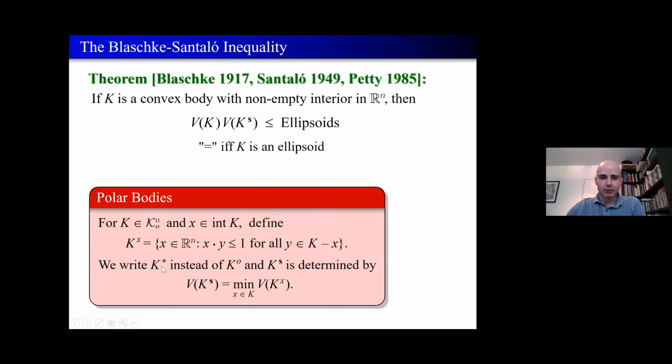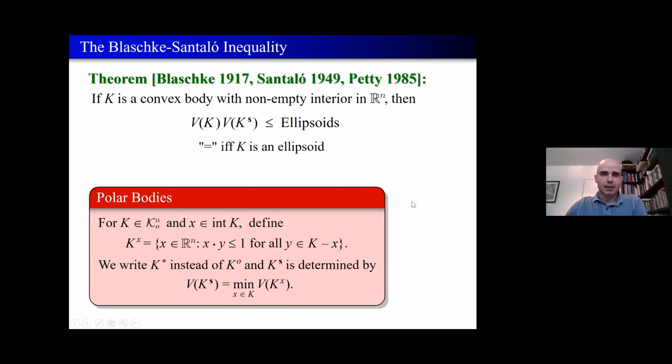In the following, I will often write K star instead of K to the power 0, which is the origin. So K star will always mean polar with respect to the origin, and the K with a bold S will be the polar with respect to the Santaló point, which is determined by being the unique point which minimizes the volume of the polar body with respect to a point in the interior.